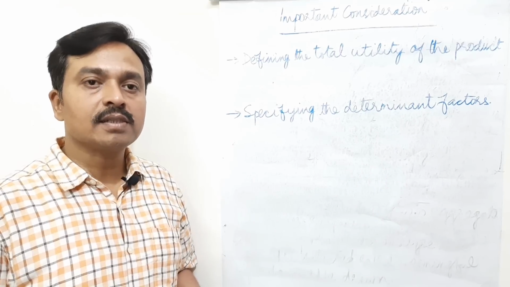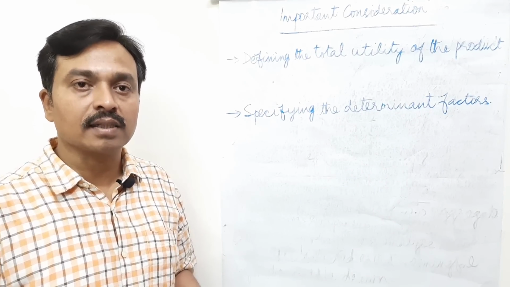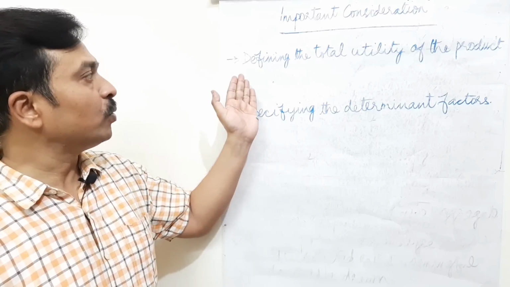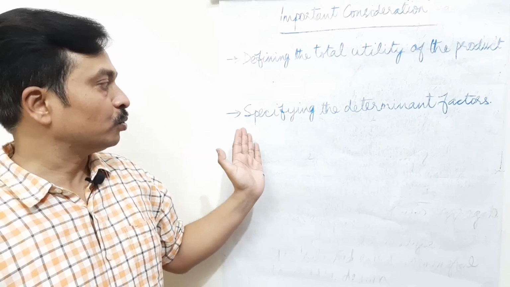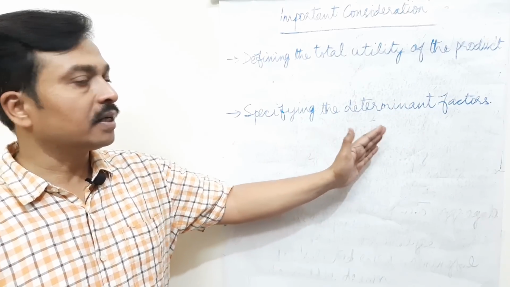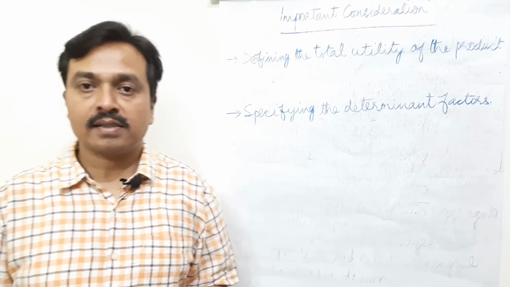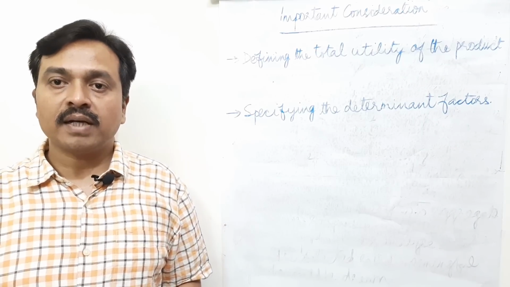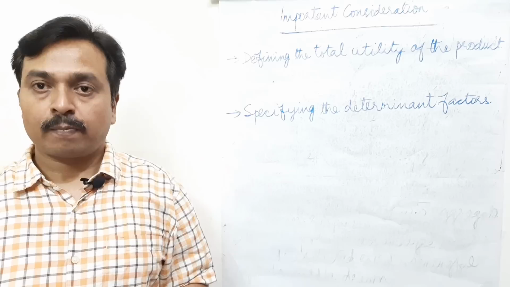We'll now discuss some of the important considerations used in conjoint analysis. These are: number 1, defining the total utility of the product. Number 2 is specifying the determinant factors. We shall discuss these one by one. Let us now discuss what we mean by defining the total utility of the object.